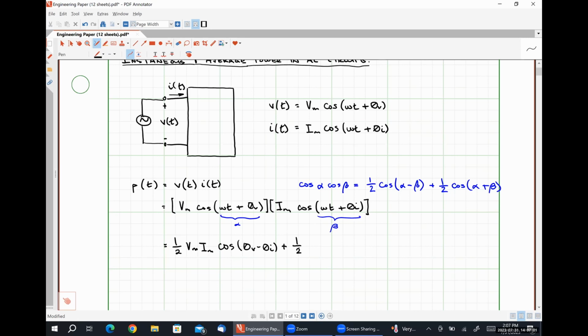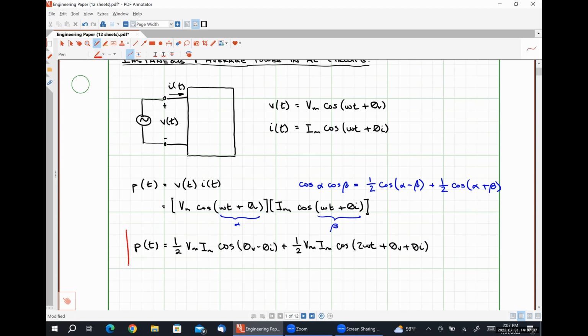So once again, we're going to have 1/2. Our magnitudes multiply together. And now we're going to add those angles. So that's going to wind up giving us cosine twice omega t plus theta v plus theta I. So sorry, is that a 2 omega t? That is correct. Twice omega. Thank you.